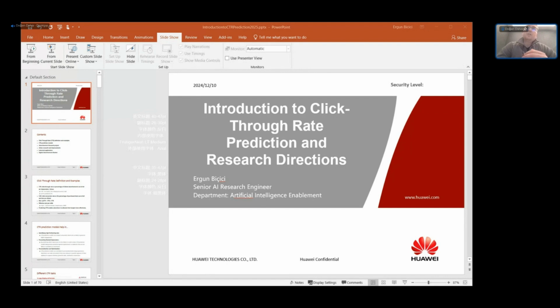So this type of sequential information is also used. Previous downloads, installs, purchases in the last 7 days, 30 days. And we keep this information to predict whether the user will click on this current advertisement or not.